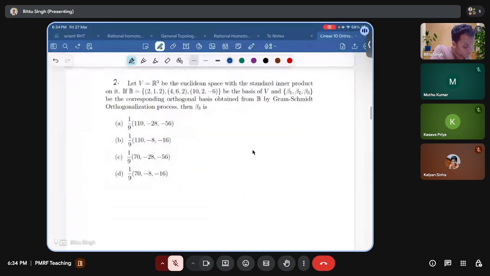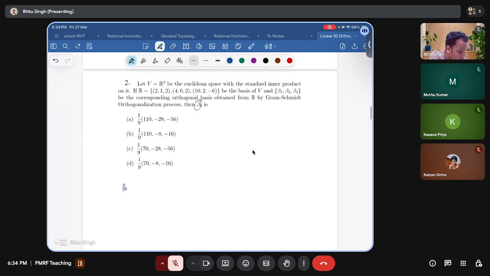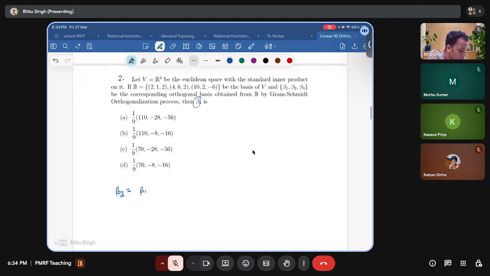Okay, so let me solve the second problem. Here we need to find beta 3. So recall the formula for the third vector. We need to subtract from alpha 3 the projection of alpha 3 along the direction alpha 1, minus the projection of alpha 3 along the direction alpha 2.